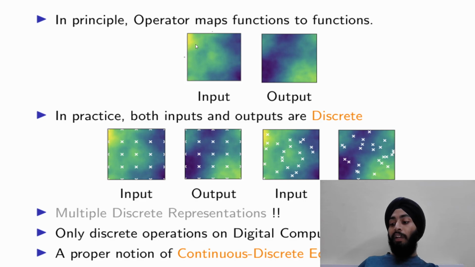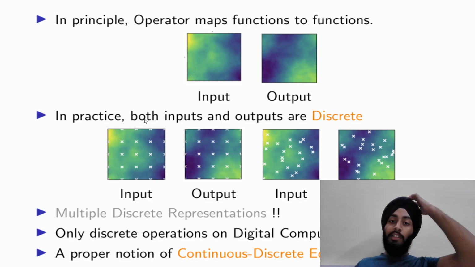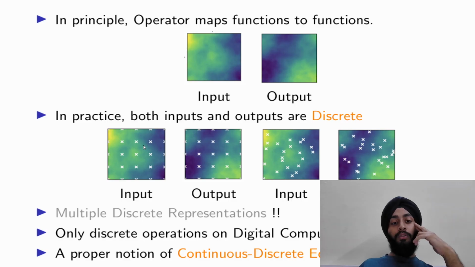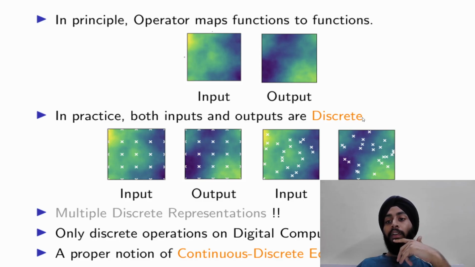Now, for feeding it into a computer, I'll obviously have to discretize my domain because I can only store a finite number of values. So as it is written here, in practice both inputs and outputs are discrete. So this is my input domain and this is my output domain, and these are just different ways of discretizing the input and output spaces.